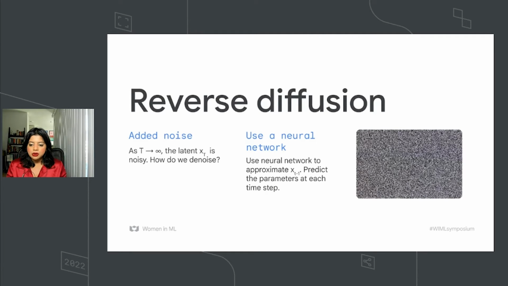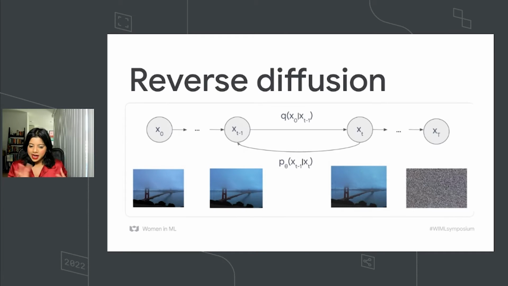We use it to approximate x sub t minus 1, or the step before, as we predict the parameters at each step. So this is diagrammatically what reverse diffusion would look like. Again, we're using that Markov chain, and we're going back step by step. And here, P sub theta represents the distribution of trying to recover that original image.